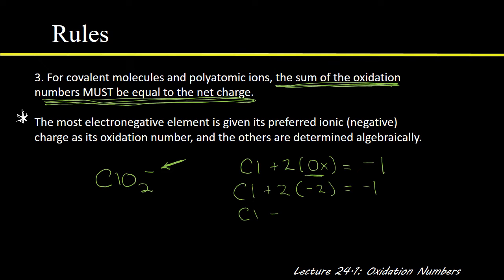We get chlorine -4 equals -1. I'm going to add 4 to both sides. And we get chlorine equals +3. Okay. So that tells us that in the chlorite ion, chlorine has an oxidation number of +3, and oxygen has an oxidation number of -2.